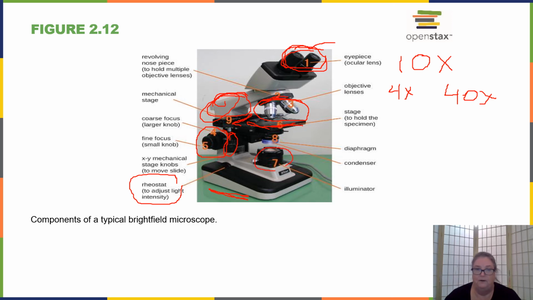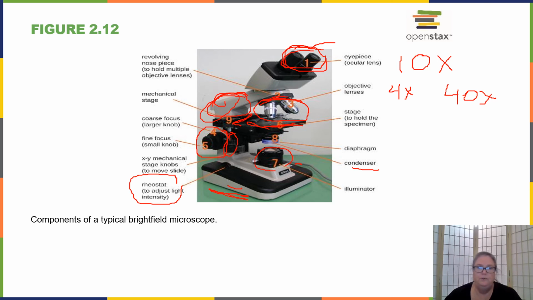They're calling it illuminator here. We've got the condenser, which pulls that light in towards your slide. And then you've got your diaphragm or iris diaphragm, which can adjust that light. So as you're becoming familiar with the microscope, try moving that condenser and getting familiar with it. There also should be an on-off switch somewhere for your light.